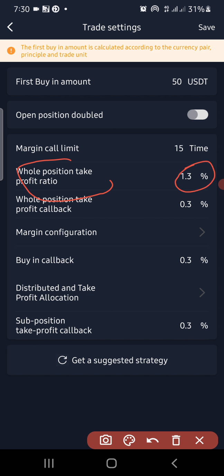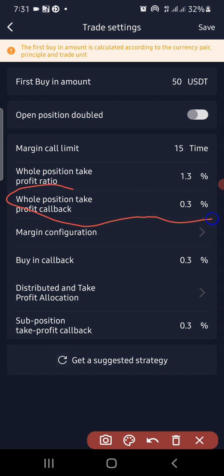1.3%. The minimum you can put is 1%. So it's advisable you put 1%, so that every little increase in price, the bot takes profit for you. So hold position take profit call back.